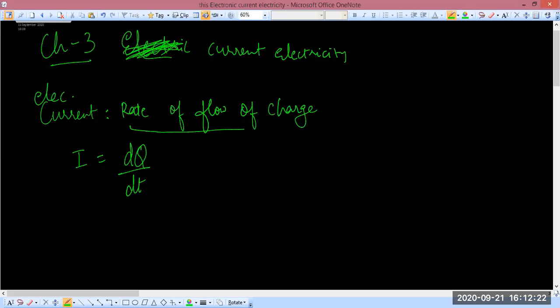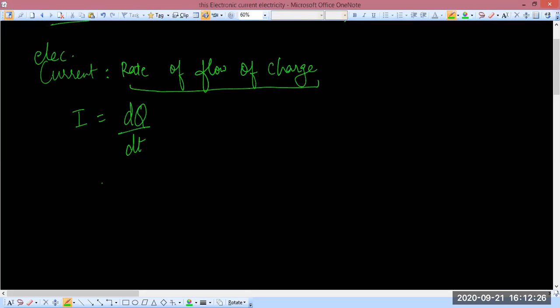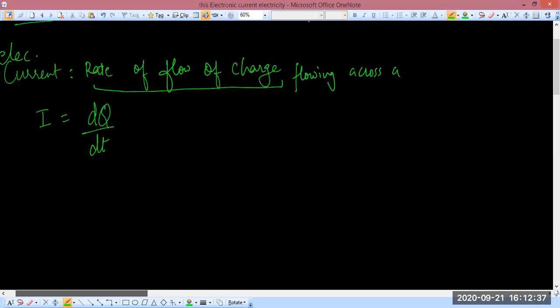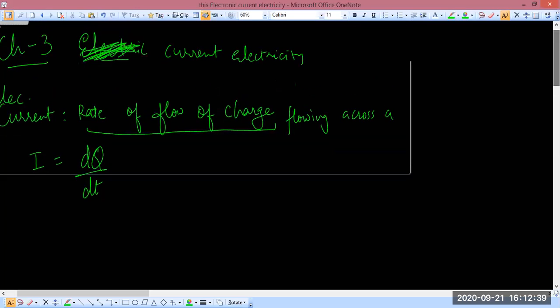This is actually a very basic way to write what it is. If you want to write it very properly, it is the rate of flow of charge flowing across a cross section, or across an area.